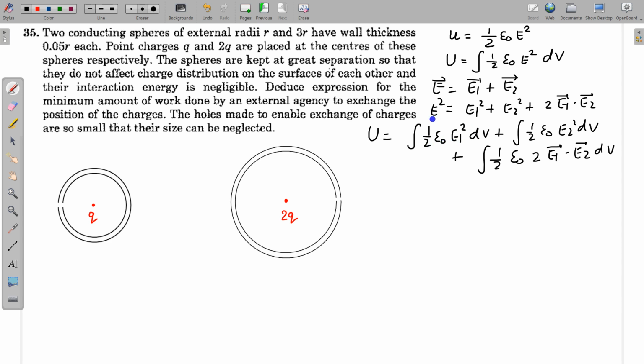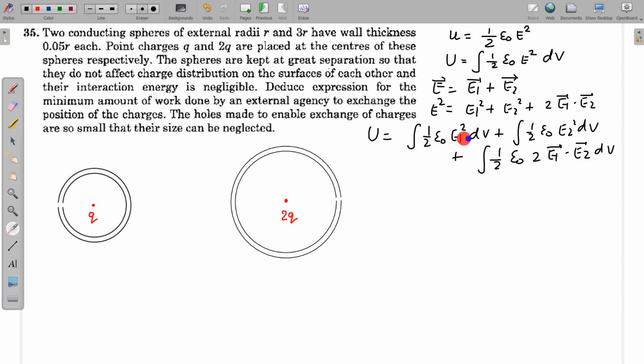The first term is due to E1 only, the second is due to E2 only, and the third is due to both E1 and E2. The first term is known as the self energy due to source number 1, the second as the self energy due to source number 2, and the third is known as the mutual or interaction energy.